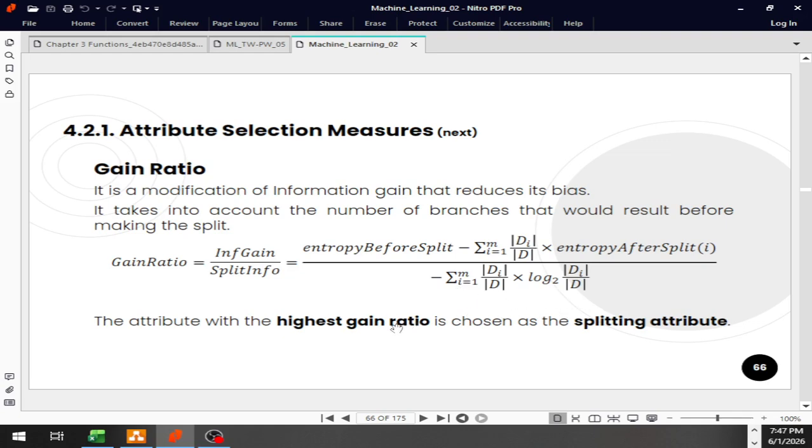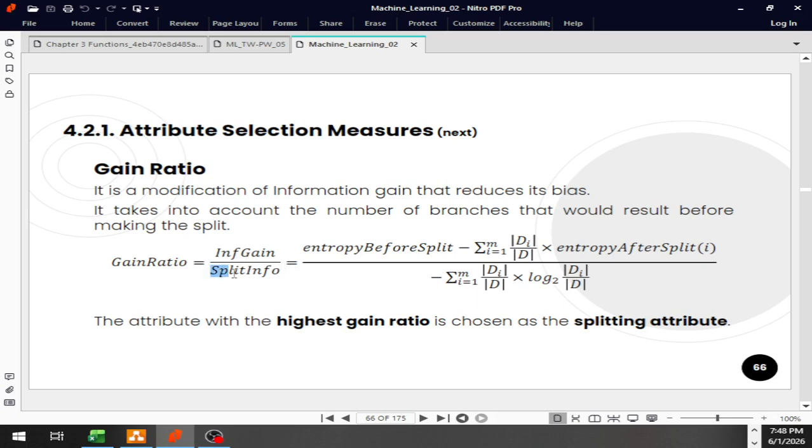But in one single word, as it says here, the attribute with the highest gain ratio is chosen. Always we are concerned with the highest. Why is it chosen? Because the split info didn't affect it, or the split info is going to be very low, so we keep the information gain advantage or increase it.